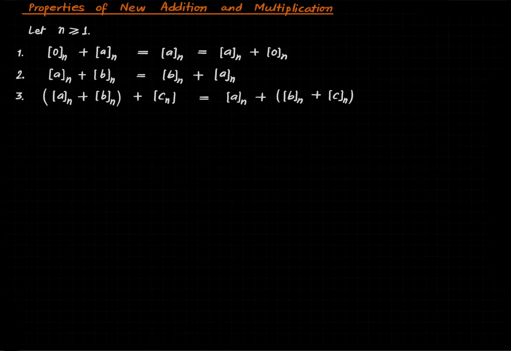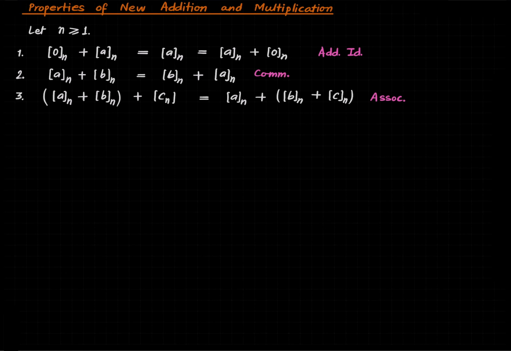I don't know if there are other properties. So I'll just name them. So this is called additive identity, which is to say that the equivalence class of 0 is the additive identity of the folded world Z mod nZ. That's what I mean by this qualification. This is commutativity and this is associativity.